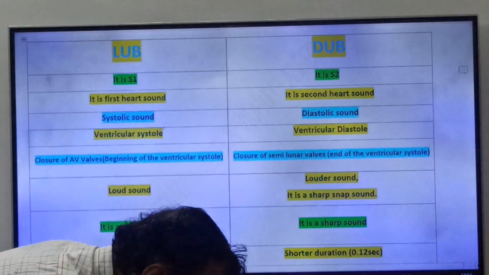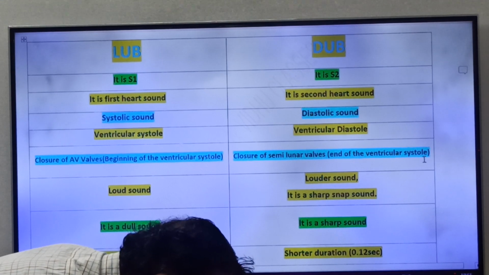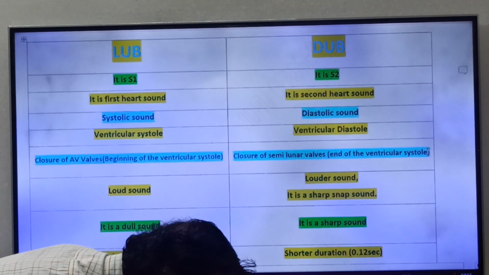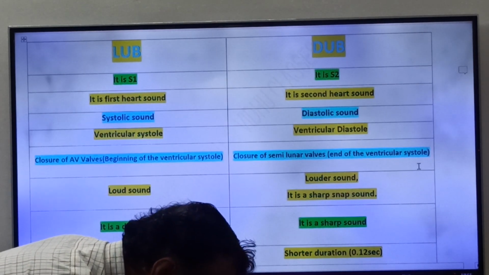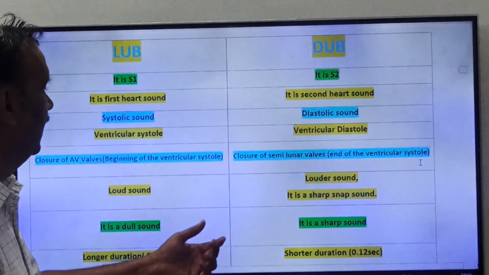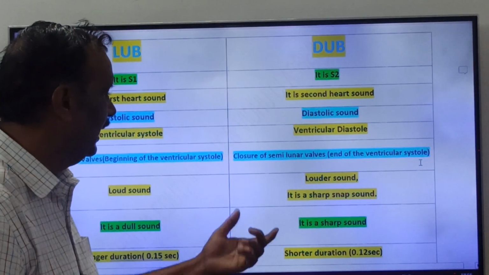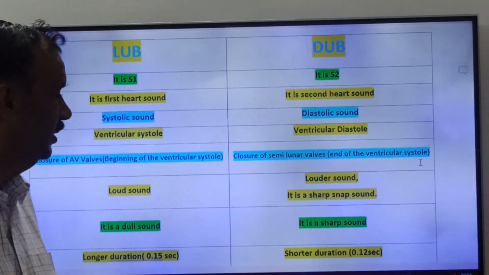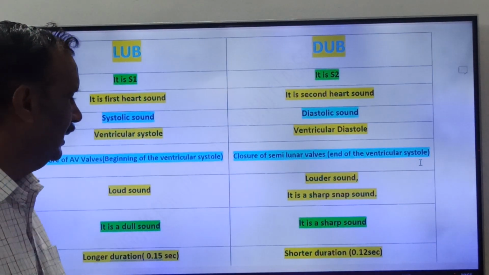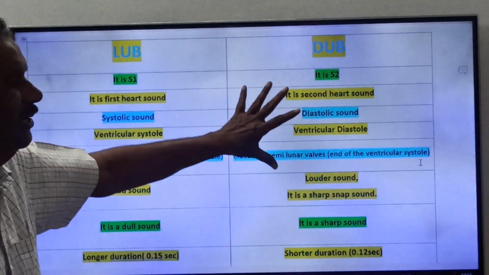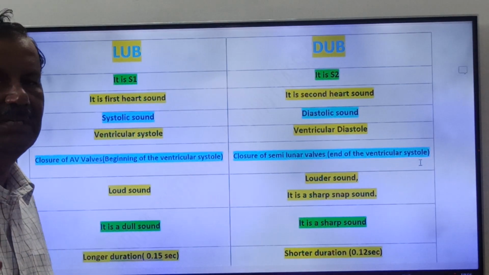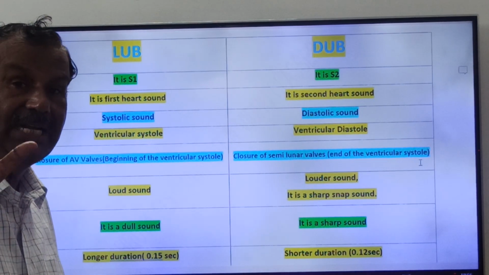Sorry, friends, it is ventricular diastole. Next, it is a louder sound. It is a sharp, snap sound. It is of shorter duration, that is 0.12 seconds. Friends, please don't write this in your functioning of the heart. This is for NEET and EAMCET only.